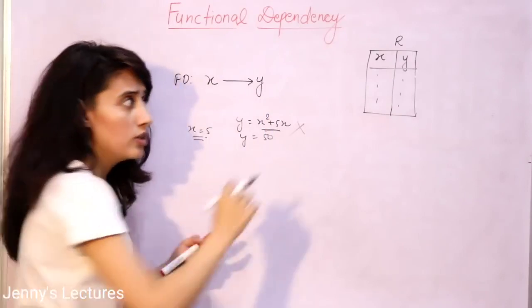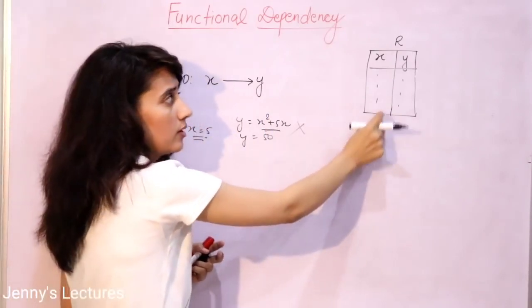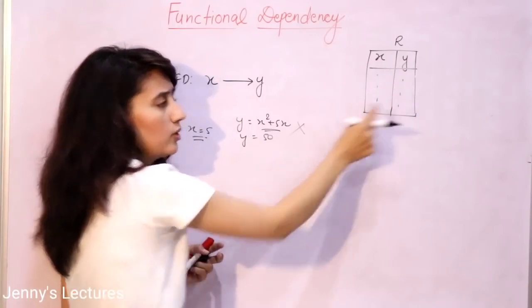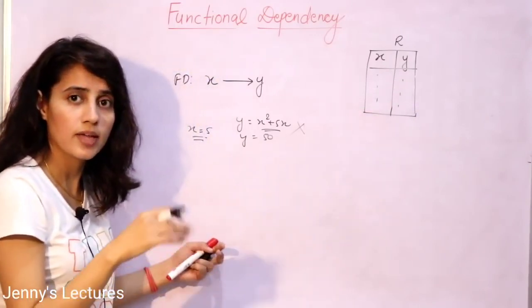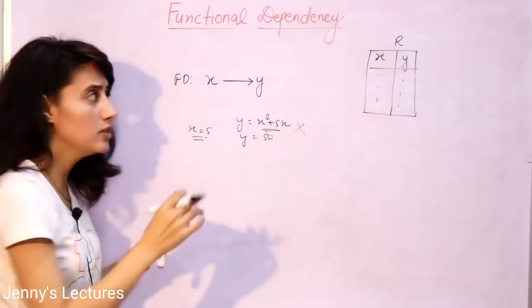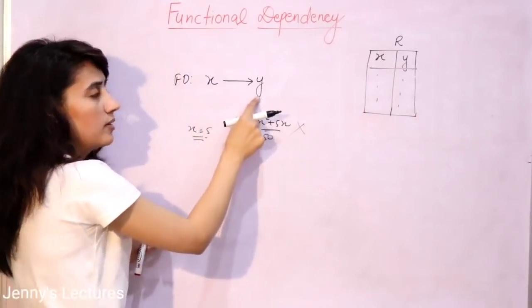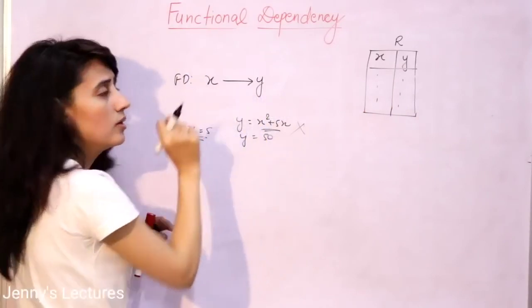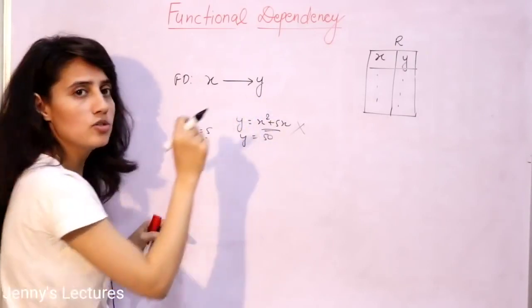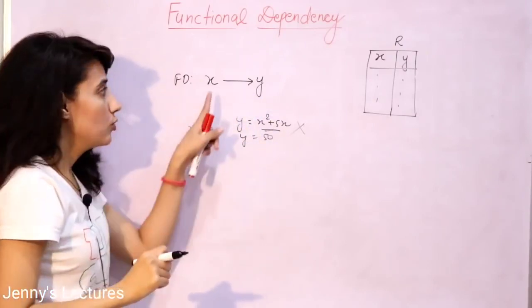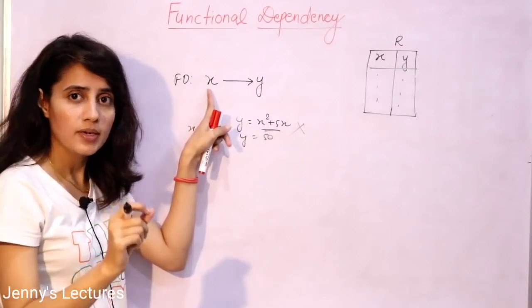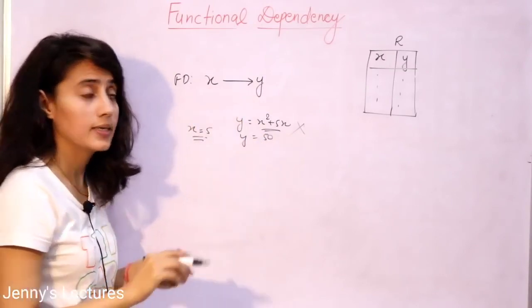No, for this you need a table. From the table, according to the value of x, you can tell me the value of y, right? That is a functional dependency. It means y is functionally dependent on x, or x determines y. Fine. So here x is known as the determinant and y is known as the dependent.